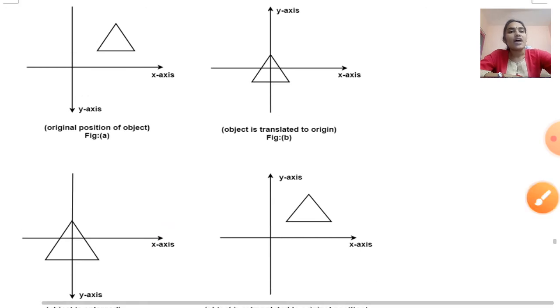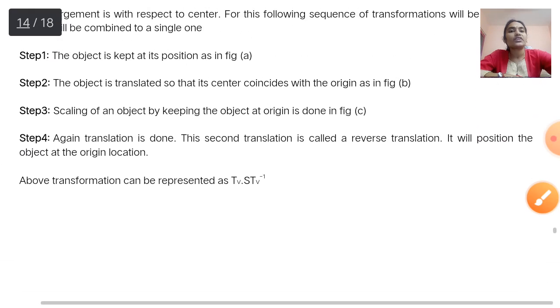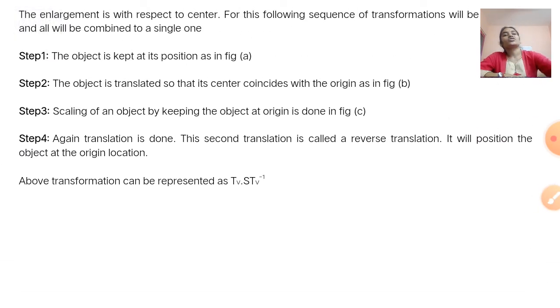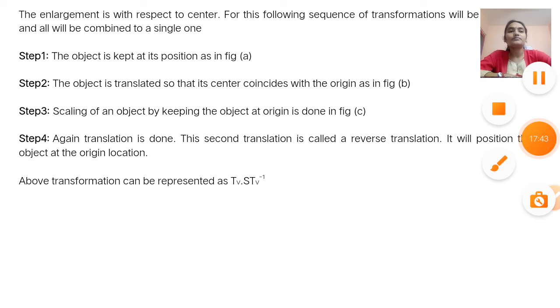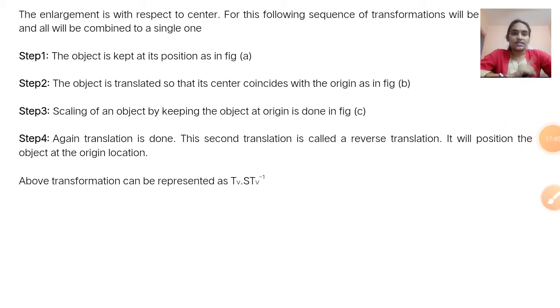After that, in the last step, translation is done again. The second translation is called reverse translation. It will position the object back at its original location.